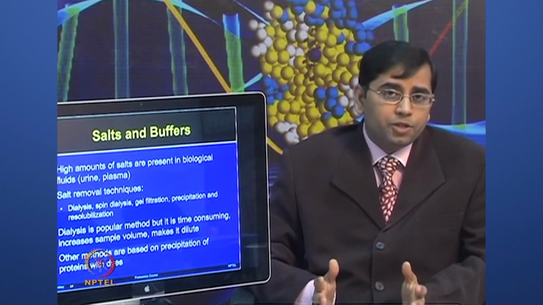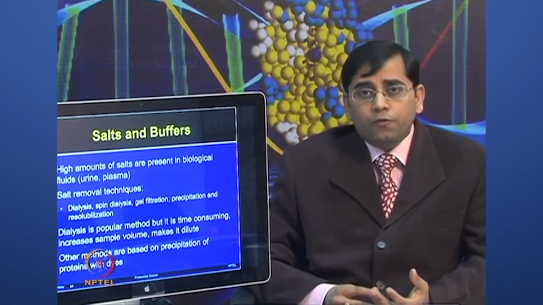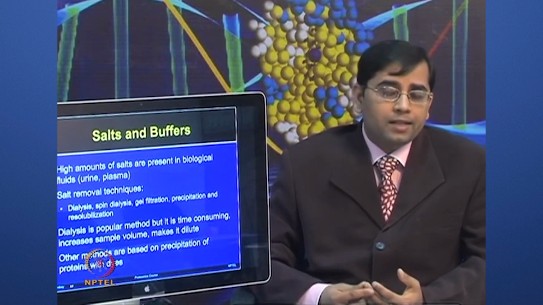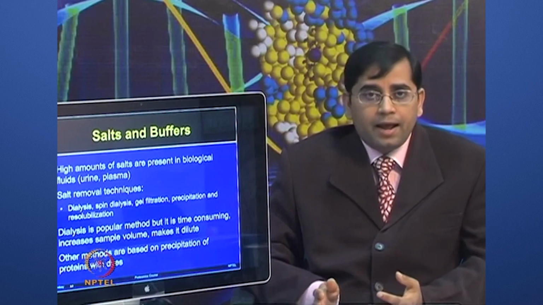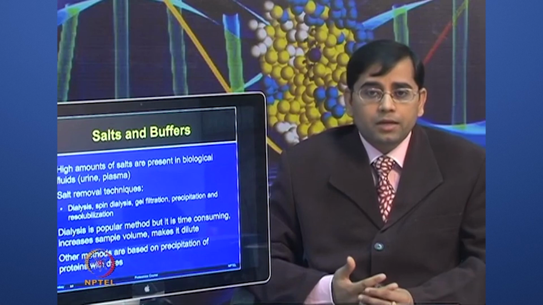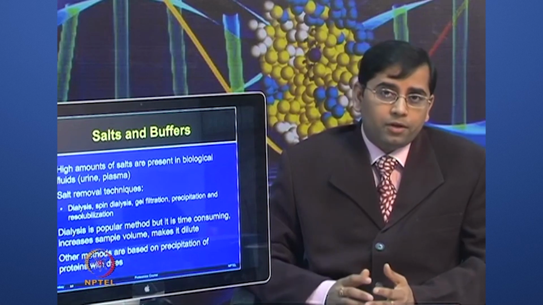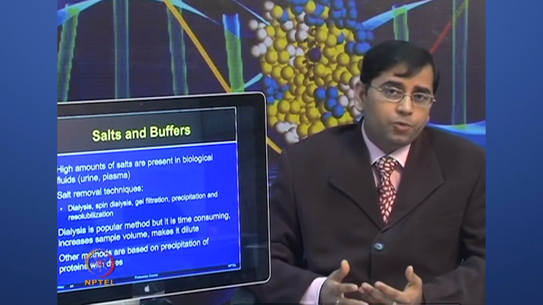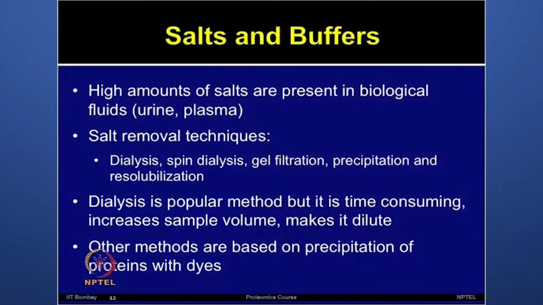So, if your application requires a concentrated solution in a small quantity, then this may not be a very popular choice for proteomics. There are other methods based on the precipitation of proteins with dyes. Those are also commonly used depending upon your proteomic application.